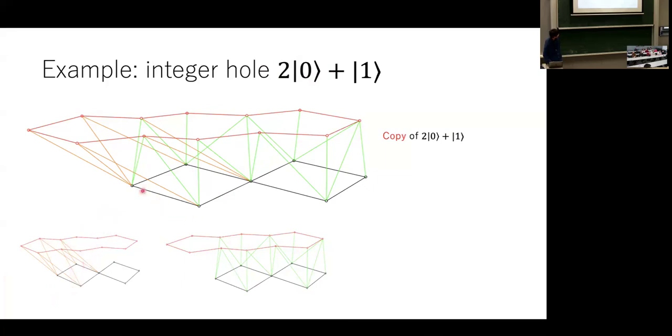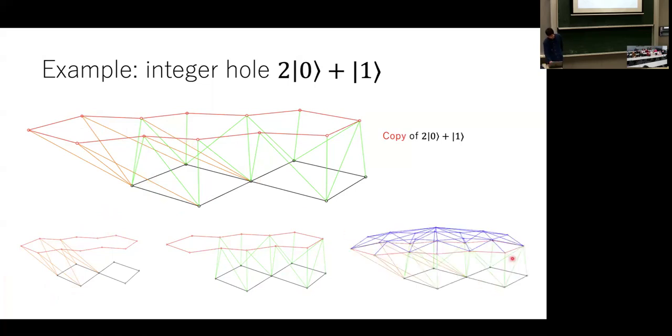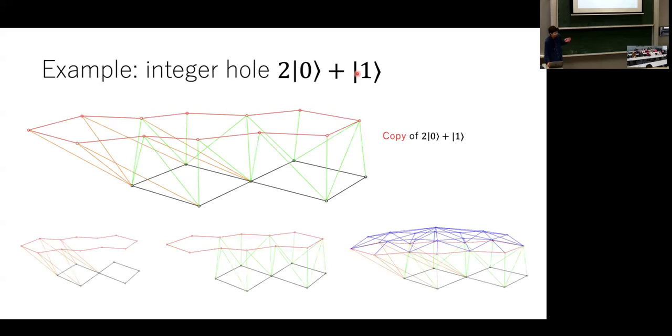The zero hole is copied multiple times, and then you can similarly make triangulated roofs such that 2 times 0 plus 1 appears as the boundary. Actually we have to consider more complicated things, but I hope those illustrations help you understand.